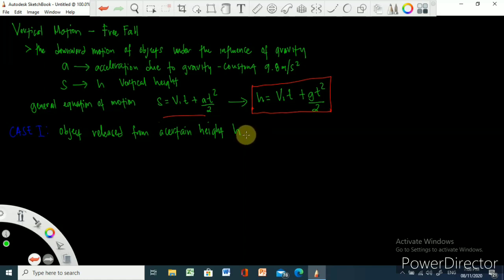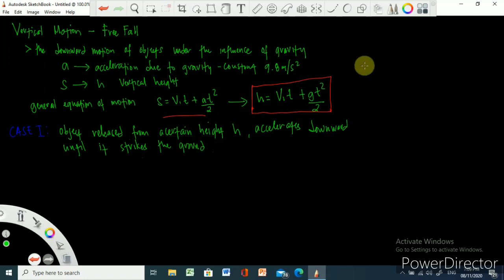Object released from a certain height H accelerates downward until it strikes the ground. Ayan. So, this will be our case 1.